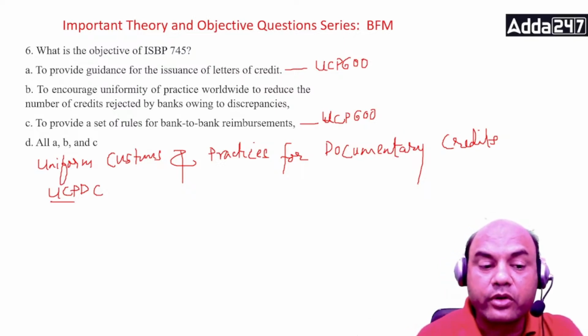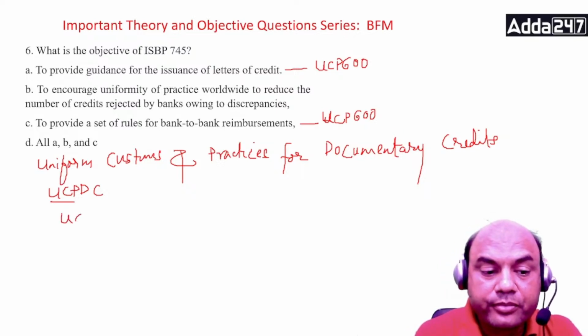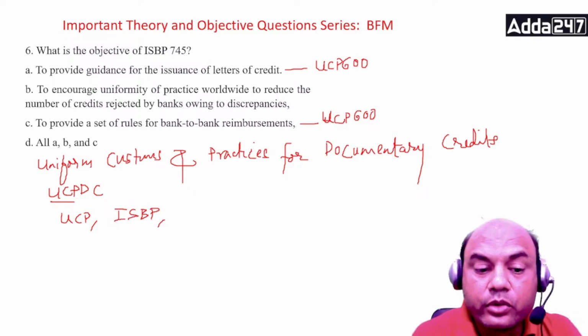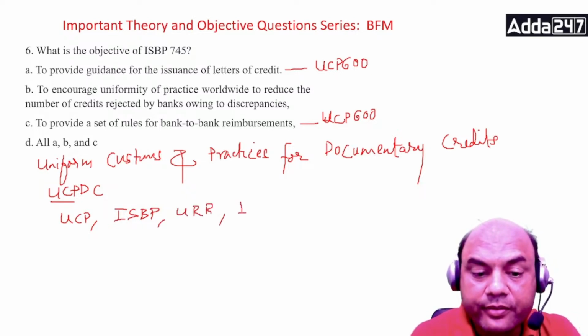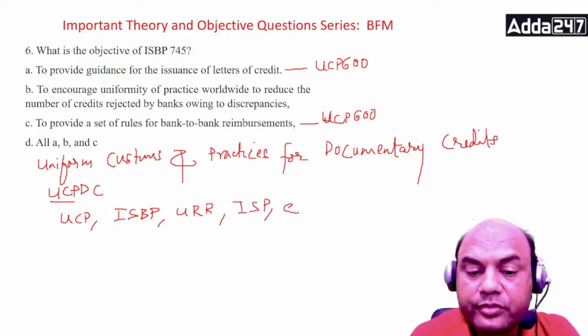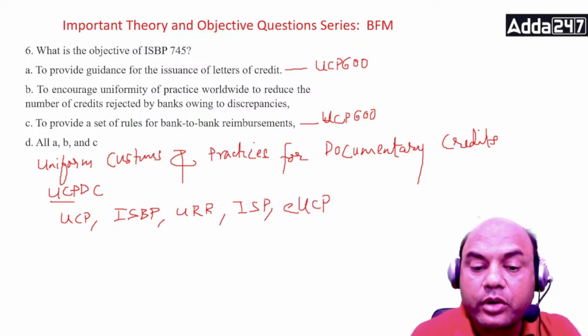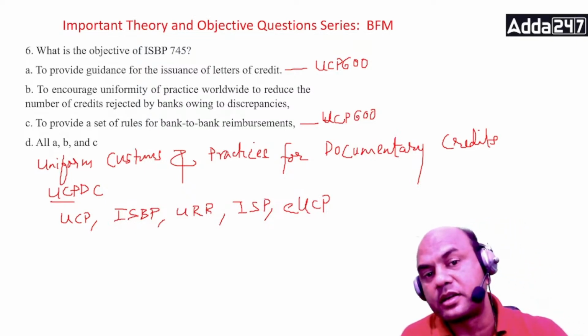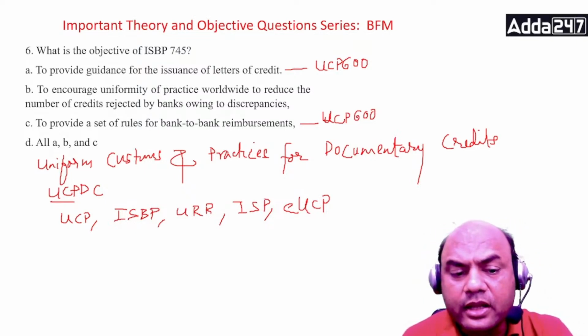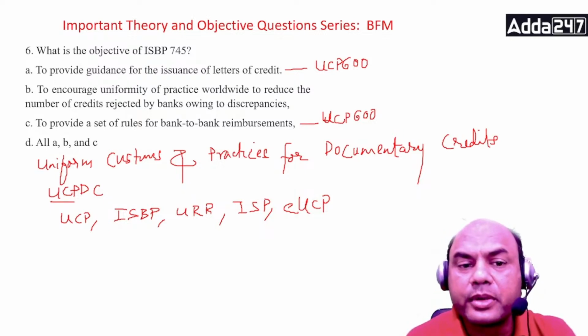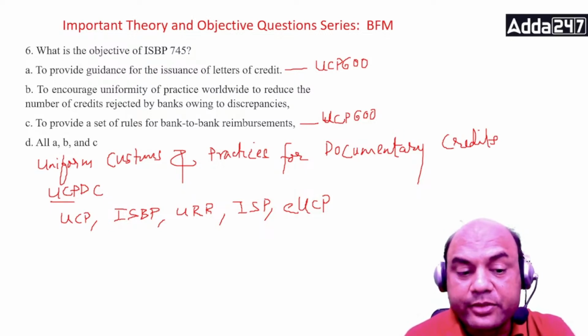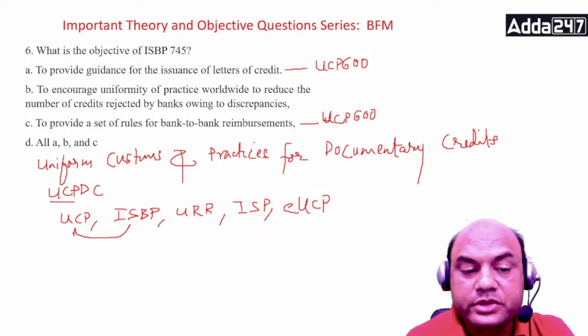One is UCP, second is ISBP, third is URR, fourth is ISP, and fifth is EUCP. These are all related to various other domains. So ISBP is a supporting document to UCP.